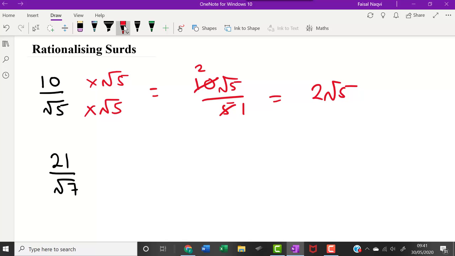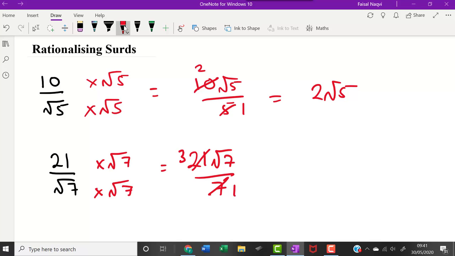For the second one, I multiply both the denominator and the numerator by root 7, which gives me 21 root 7 over 7, and I can divide both the numerator and the denominator by 7, which gives me 3 root 7.